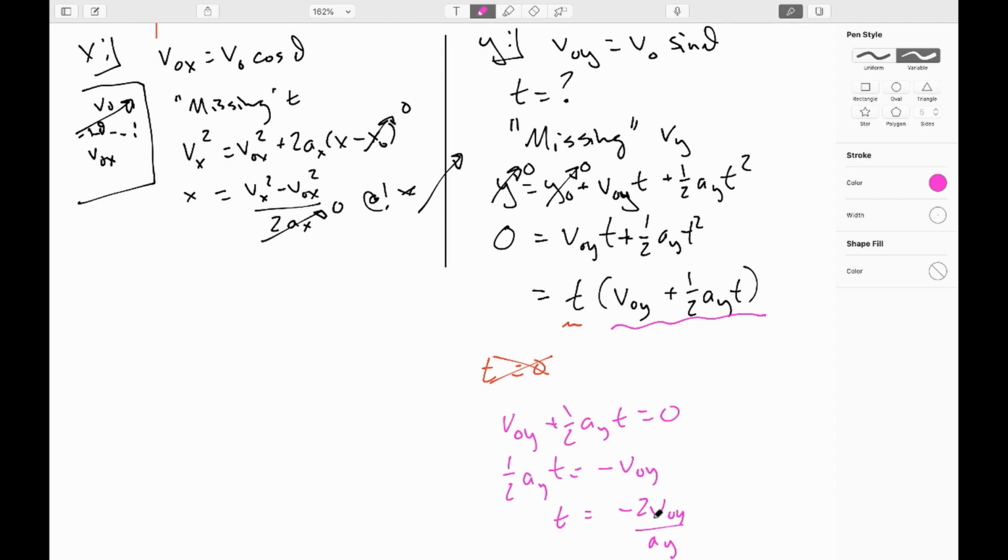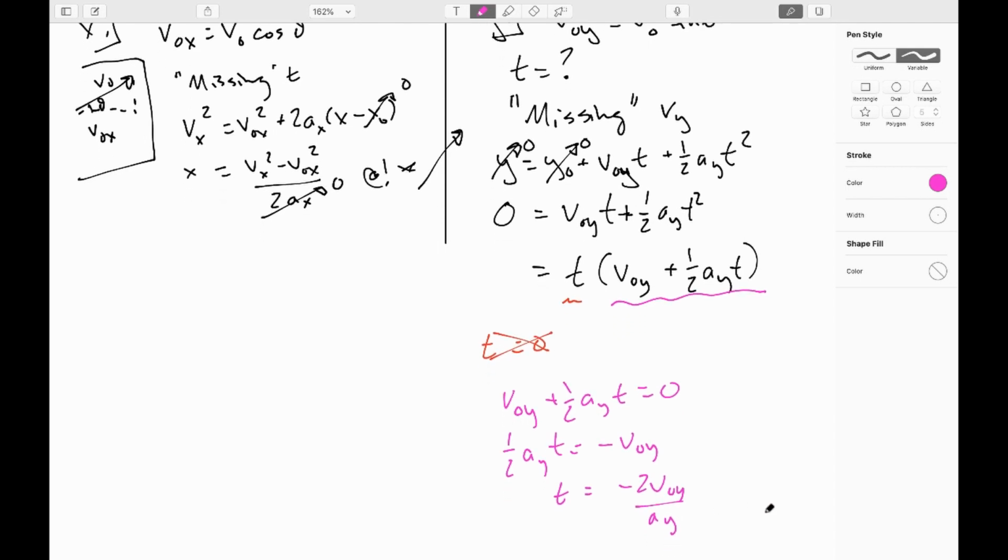Now, you should be pausing here for a second saying, wait a minute, I see a minus sign in front. It sure looks like you're telling me that the arrow hit the ground before it was fired, which would make absolutely no physical sense. So clearly you must have made some sort of mistake. And I would assure you that I did not. I would ask you to think about why I did not make a mistake here.